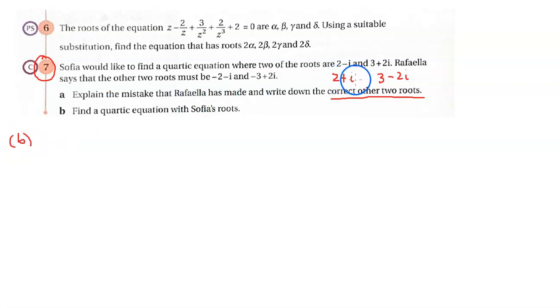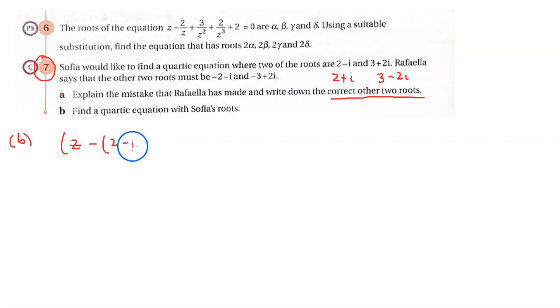No problem. So for part B, well, I guess the quickest way would just be to write it as per the fundamental theorem of algebra allows us to in the product of linear factors form.